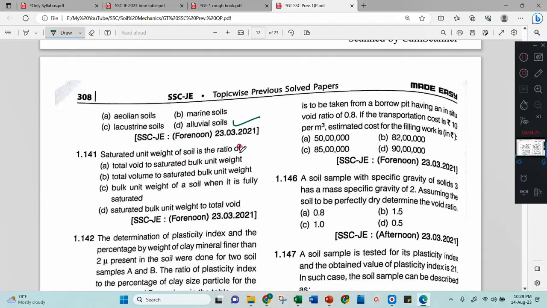Saturated unit weight of the soil is the ratio of total void to saturated bulk unit weight. Wrong. Total volume to the saturated bulk unit weight. Wrong. Bulk unit weight of the soil when it is fully saturated. Right. Saturated bulk unit weight to the total void. Wrong.